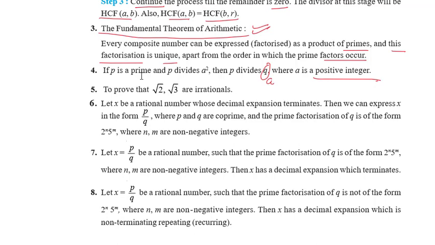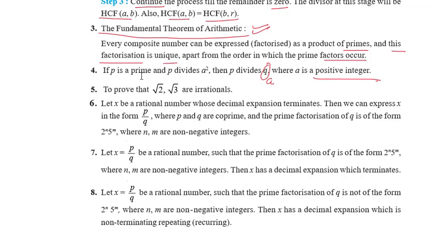So if any prime number divides A square, then it is going to divide A also. This theorem is also very important. We will see problems based on this theorem in the next exercise. In the current exercise, we have to focus only on the fundamental theorem of arithmetic.